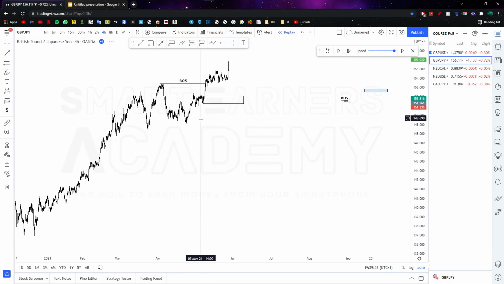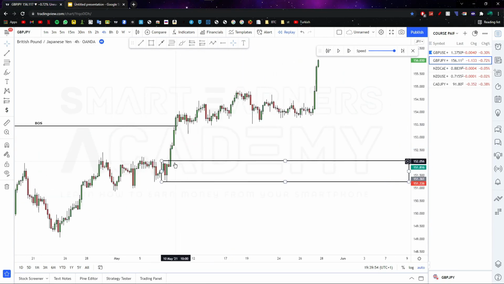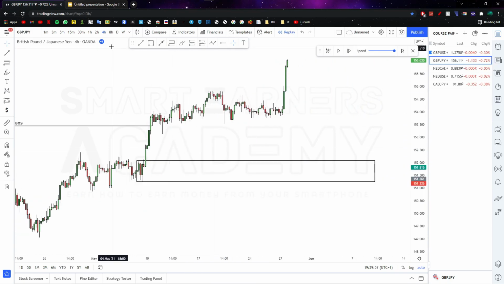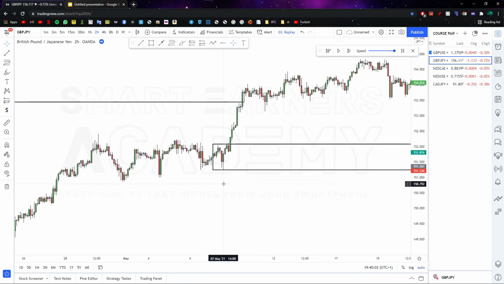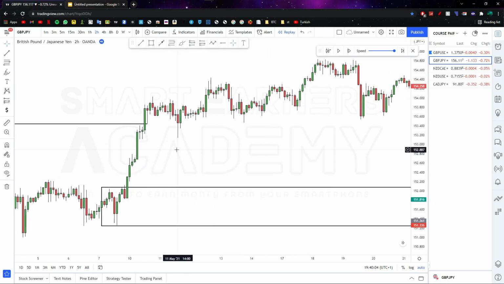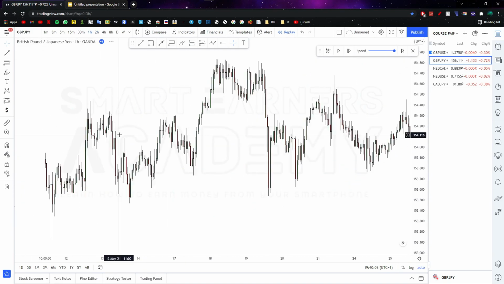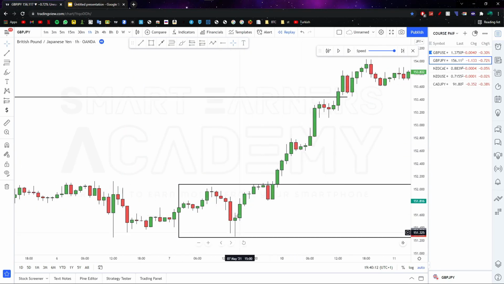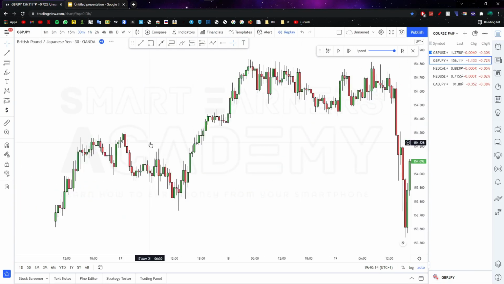And so now we're going to go through the refinement process, which we did go through last time, but we're going to go through it again. So what's going on here? Now, on the 2-hour time frame, what can we spot? It's just the same thing, nothing really changed. So we're going to go down to the 1-hour time frame. Possible zone within this area. 30-minute.